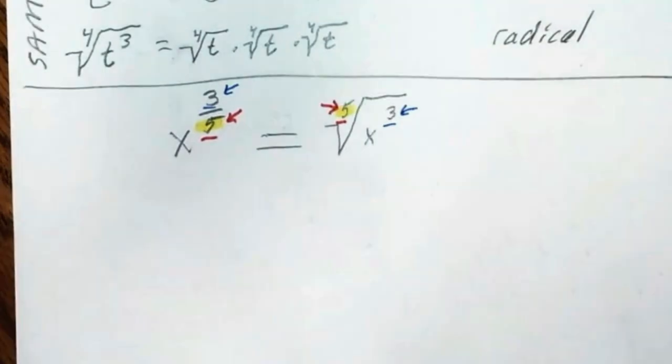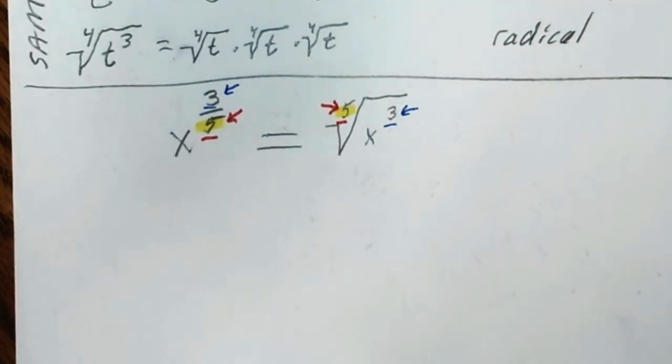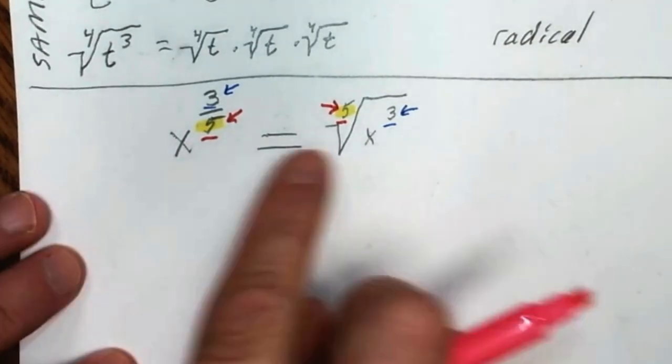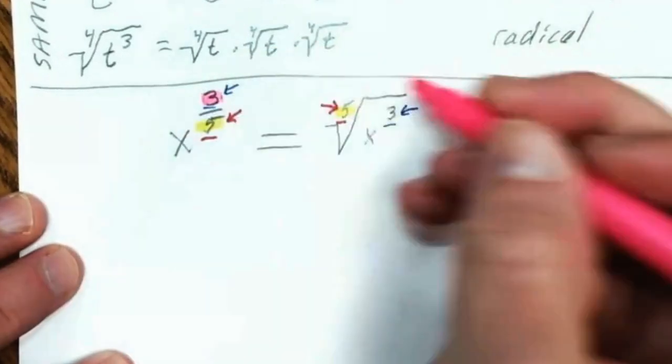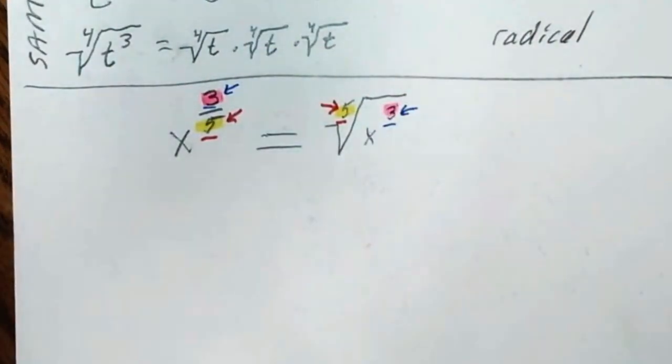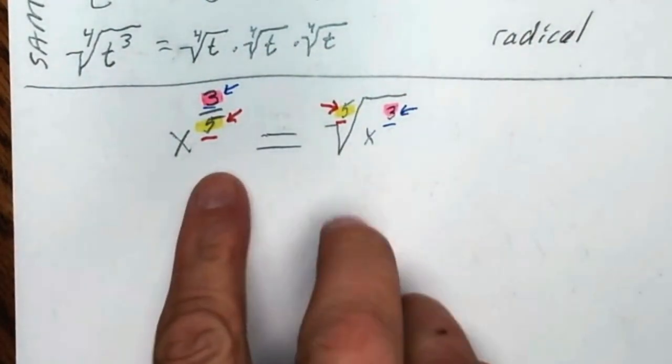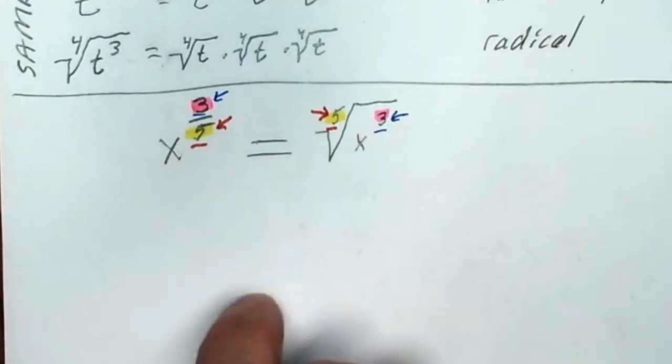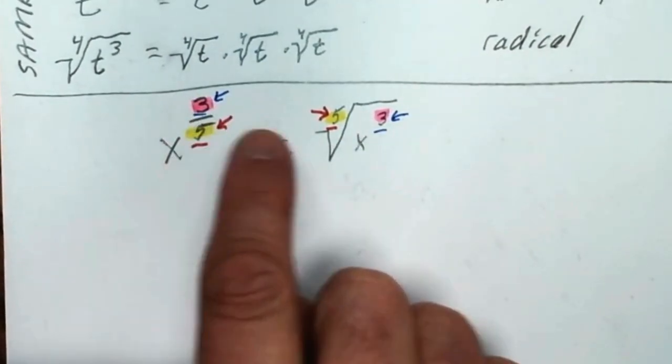I know someone out there, probably more than one of you, is going to make that hard. If this is in your notes, that should be pretty simple, right? We should be easily being able to rewrite from one to the other. The 3 on top goes inside with whatever the variable is. The number on the bottom stays outside.